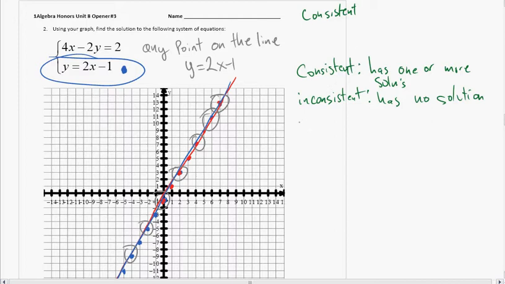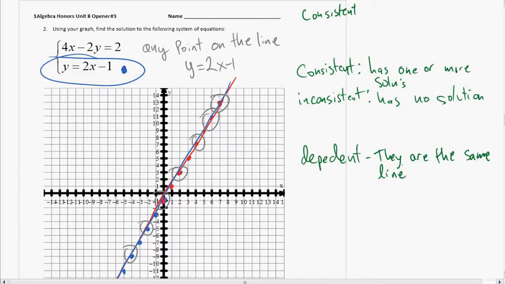There's another idea we need to discuss here, and that is the difference between dependent and independent. All right, so these lines happen to be dependent. And in the case of a linear system of equations, that essentially means they're the exact same line. They are the same line.